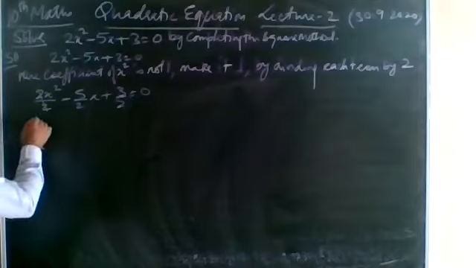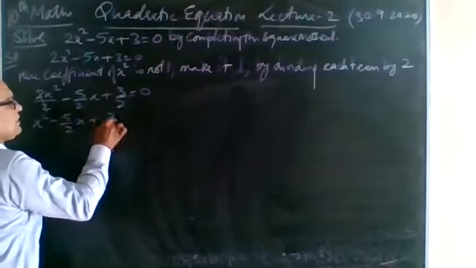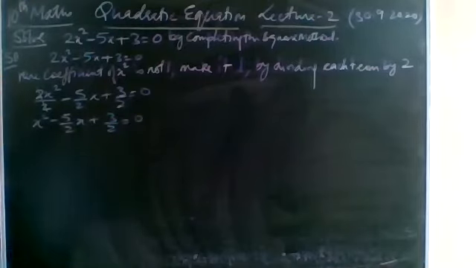The 2s cancel, giving x square minus 5 by 2 x plus 3 by 2 equal to 0.